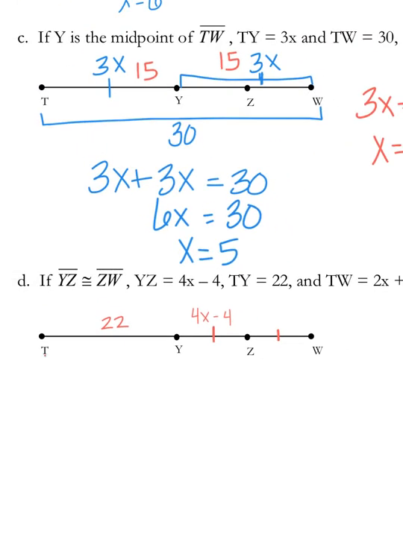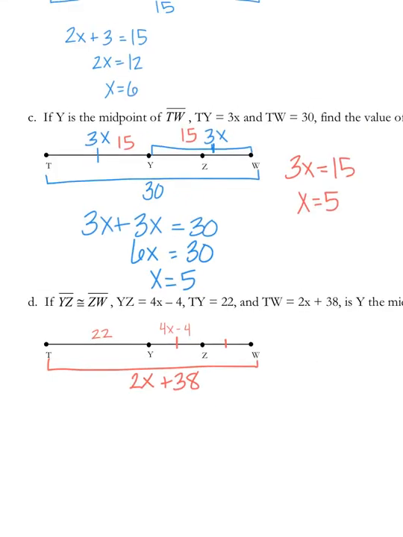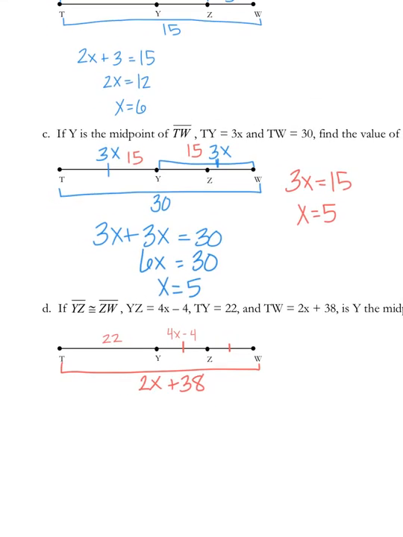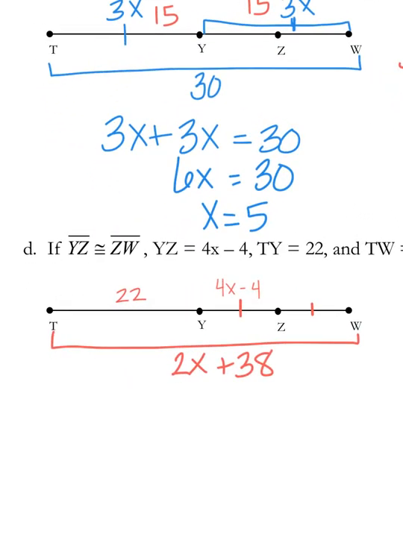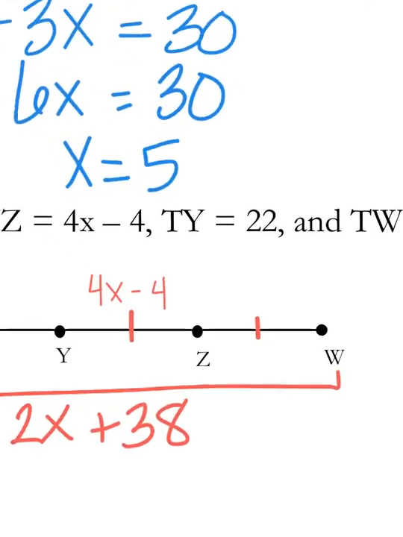And TW, so this whole piece, is 2x plus 38. And is Y the midpoint of TW? So I want to know, is YW also 22? So when I see tick marks, I mean that they are equal.